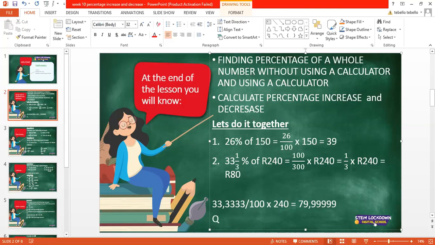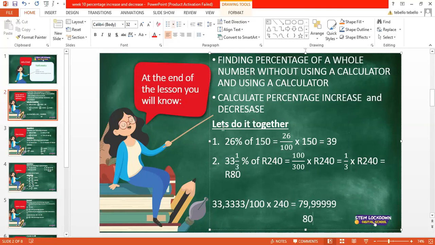When you make it a whole number, it's called rounding off. You round it off to a whole number, and this is what you would get: 80. You can just type this in your calculator and you will get this.